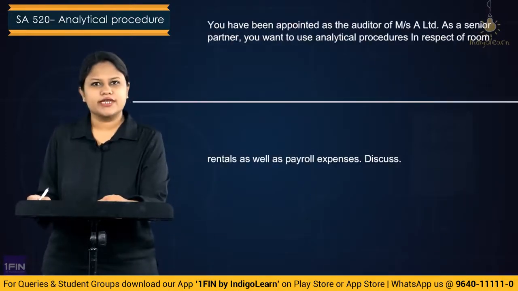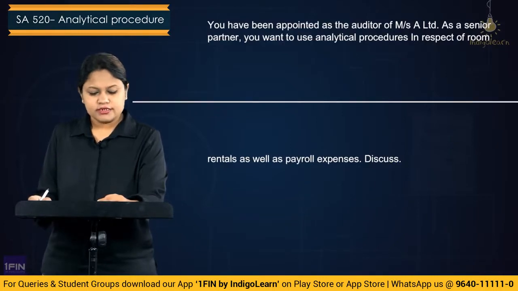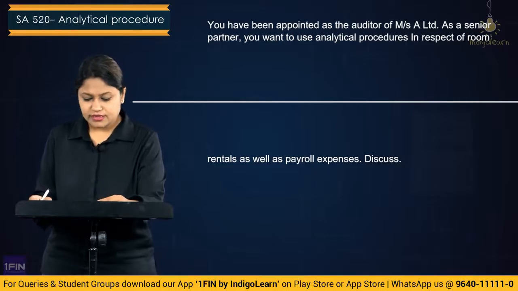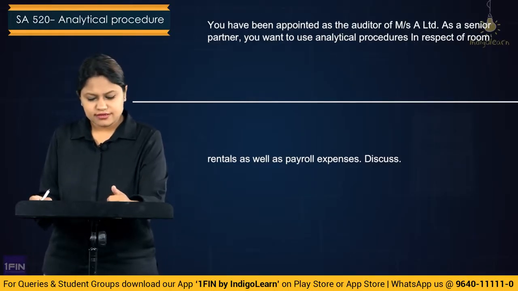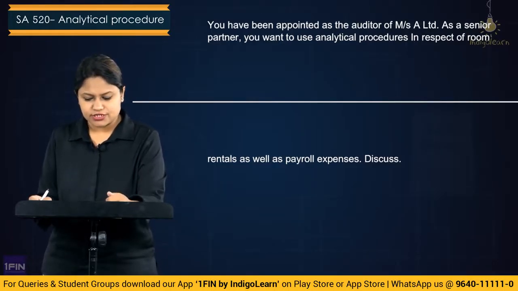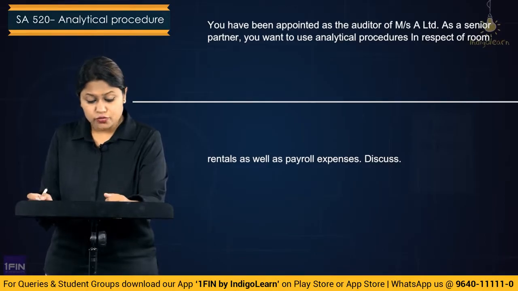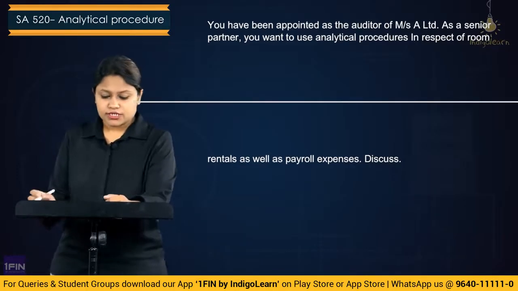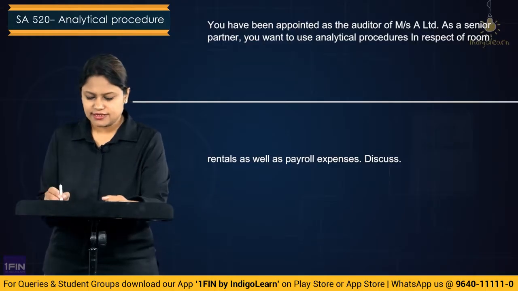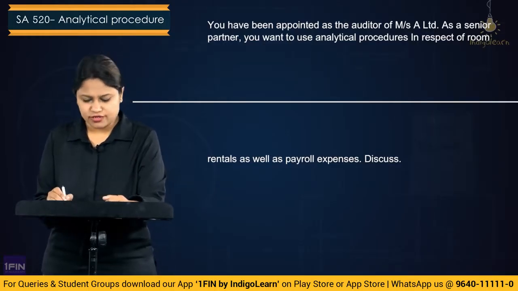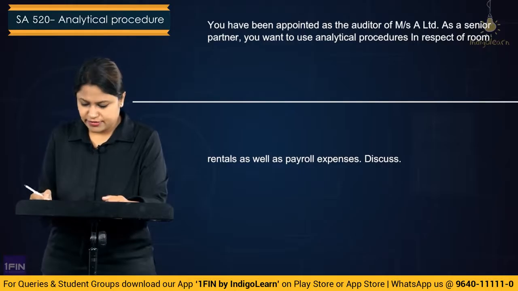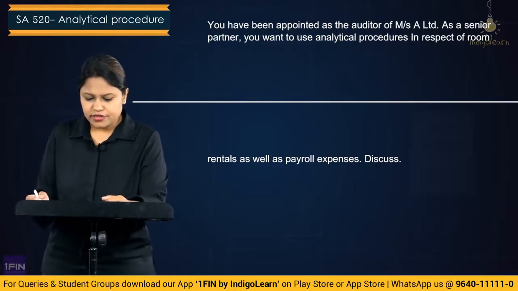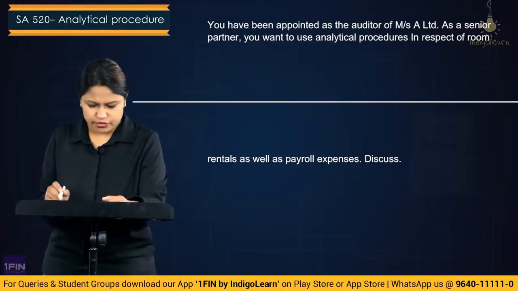The next question that we take up for discussion is, you have been appointed as the auditor of Messrs A Limited. As a senior partner, you want to use analytical procedures in respect of room rentals as well as payroll expenses. Discuss. So this question is a case study question where you have been appointed as the auditor of the company A Limited, whereby you have decided to perform the analytical procedures on two components.